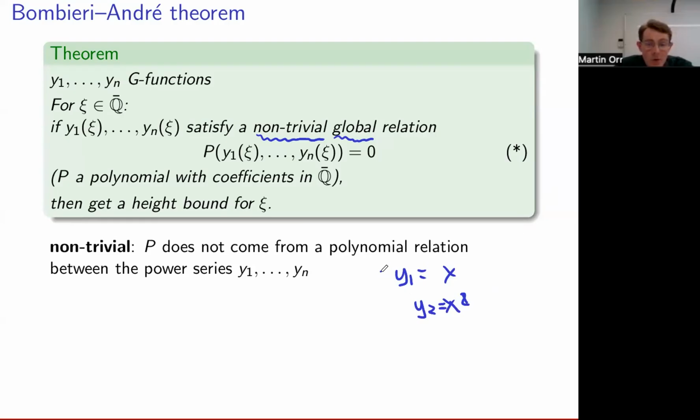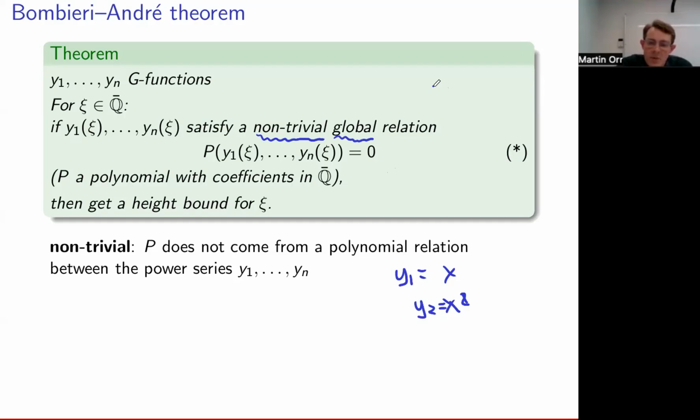There are a few tricky details in saying precisely what I mean by comes from here that I'm going to ignore. But yes, if we want to get any sort of reasonable theorem like this, we need to rule out the relations that exist as relations between the power series themselves.